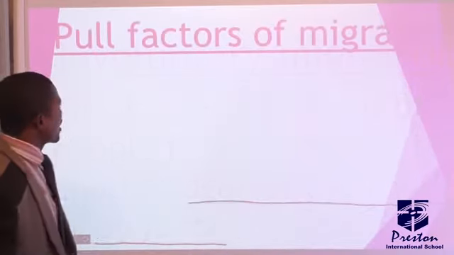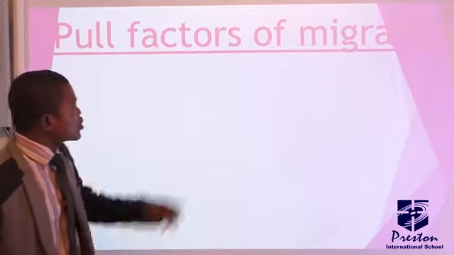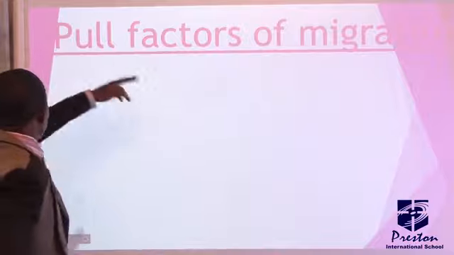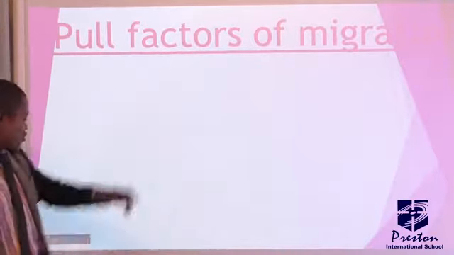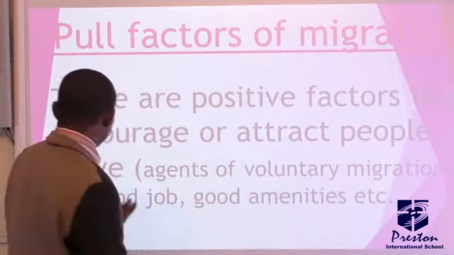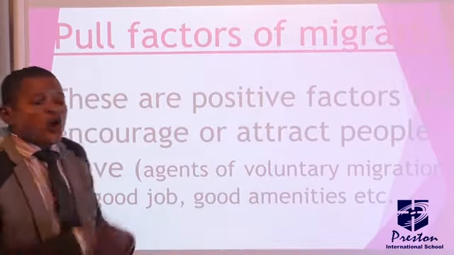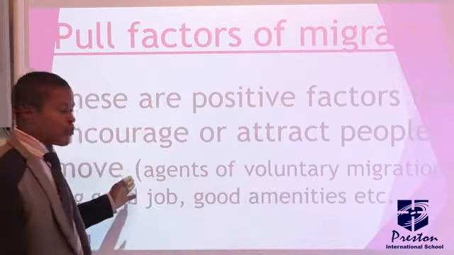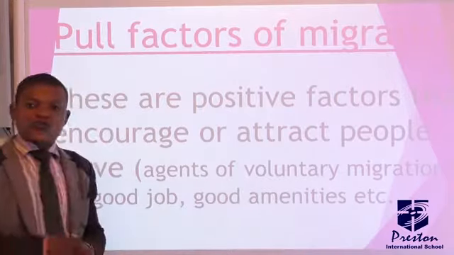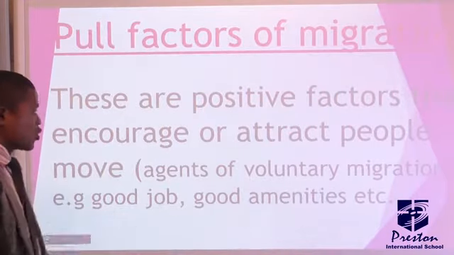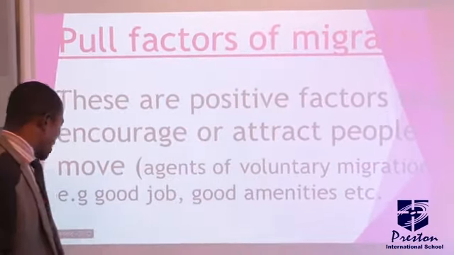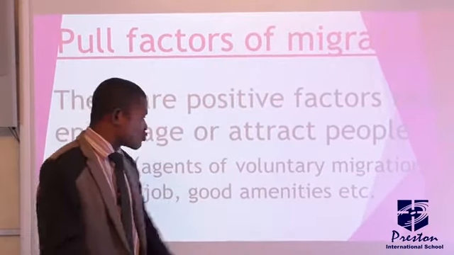Now, let's move forward. There are some factors that promote those actions. Let's look at the pull factors of migration. Pull factors are the positive factors. They are the things that encourage or attract people to move. They are the agents of voluntary migration, such as presence of good jobs and good amenities.